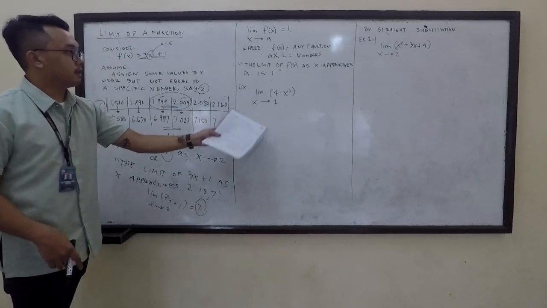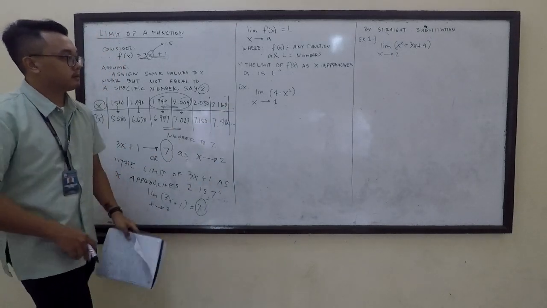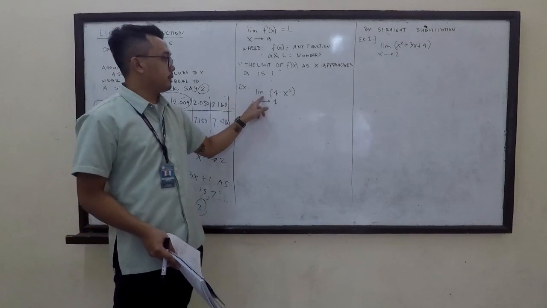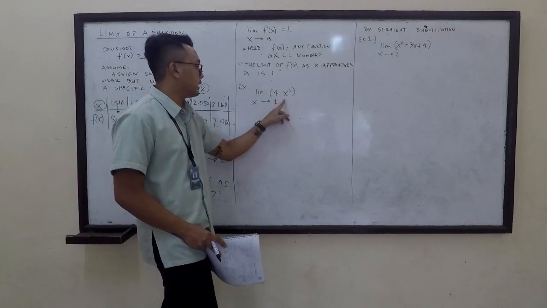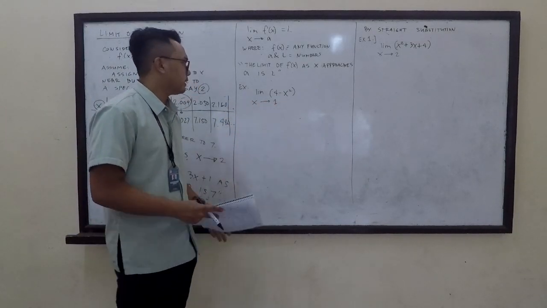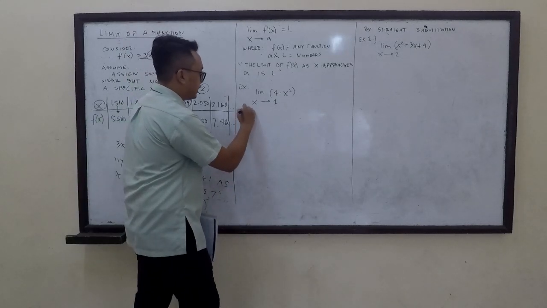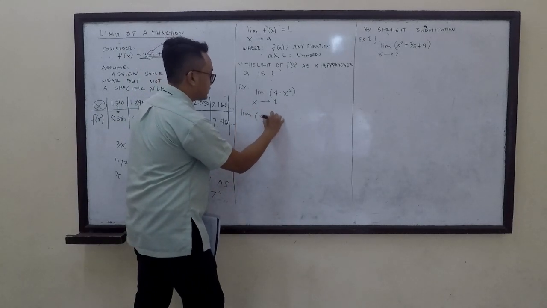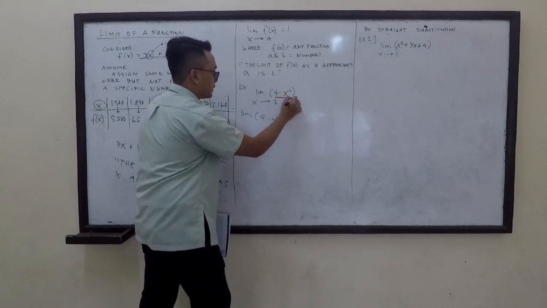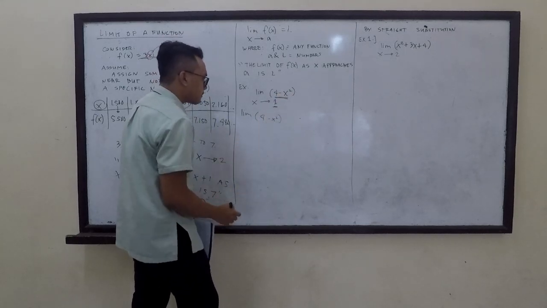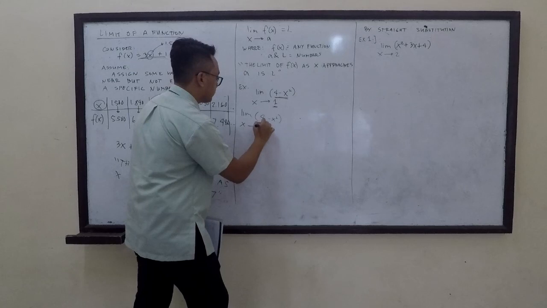Okay, so we have an example here. We are going to find the limit of 4 minus x squared as x approaches 1. So we write the limit of 4 minus x squared, this is our function, then this is the value as x approaches 1.